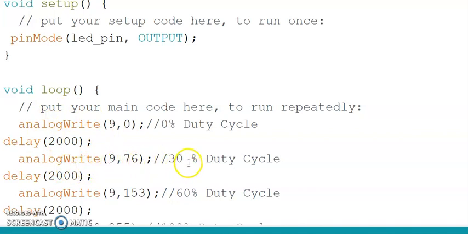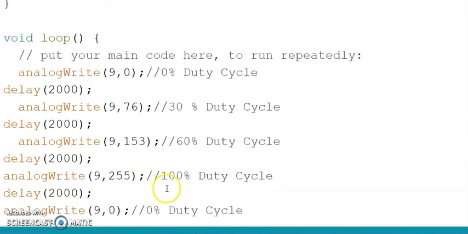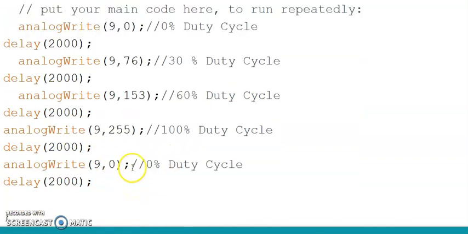As discussed in a previous session, to generate 30% duty cycle, you need to provide 76 as the PWM output level. Similarly, to generate 60% duty cycle, you need to provide 153, and then for 100% it's 255, and again back to 0% duty cycle, which is going to totally turn off the LED.